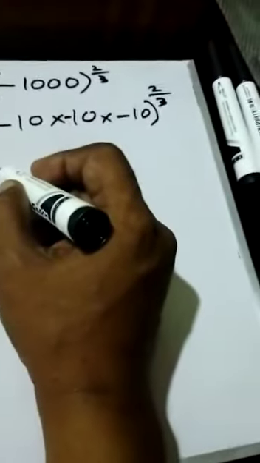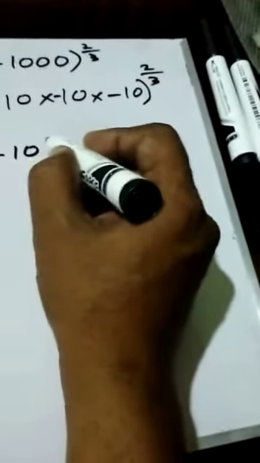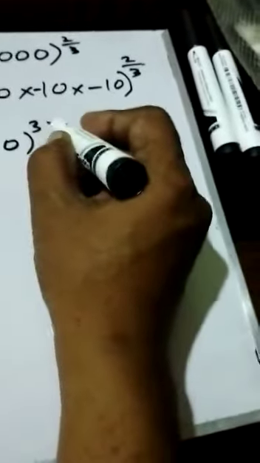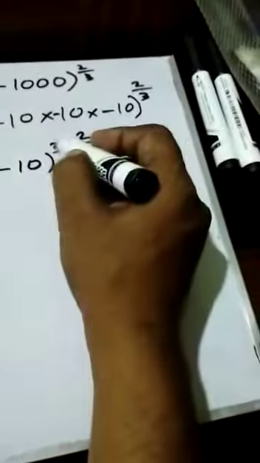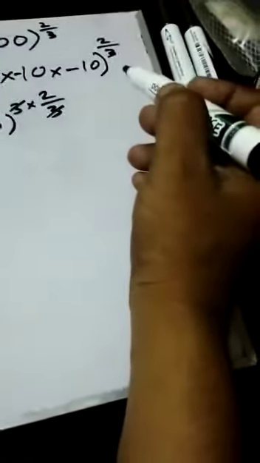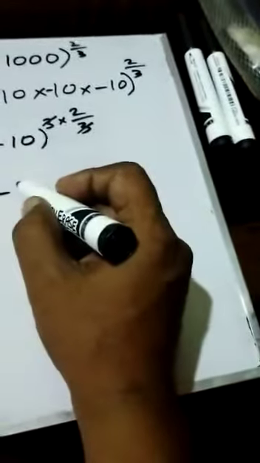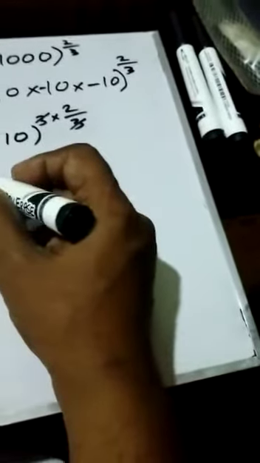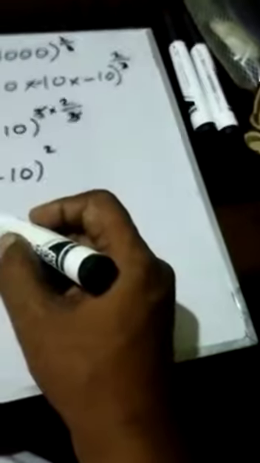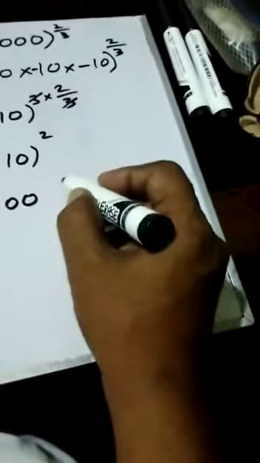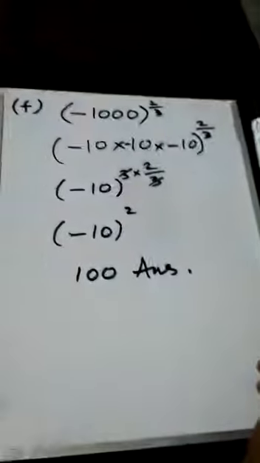So this 1000 is converted into negative 10 multiplied by negative 10 multiplied by negative 10. So instead of writing this, we can write negative 10 cubed, raised to 2 upon 3. Now we can cancel these 3s, and this will be negative 10 to the power 2, which will be equal to 100. So 100 is going to be your answer.